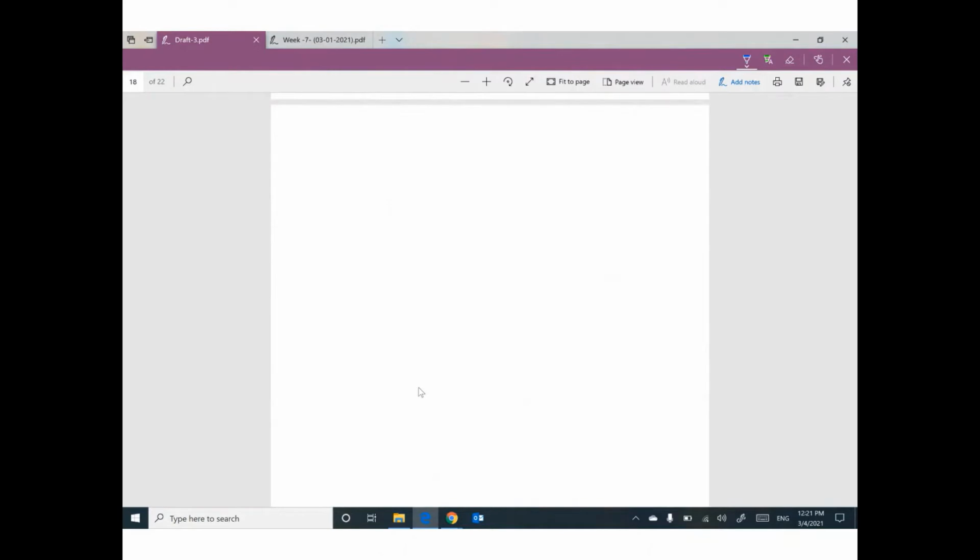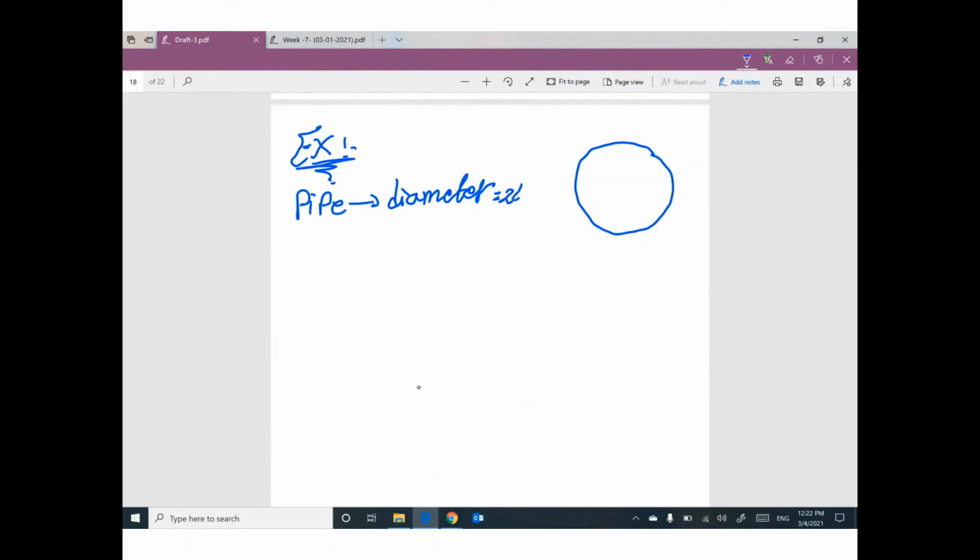One more example. We have a pipe with diameter equal to 24 inch.